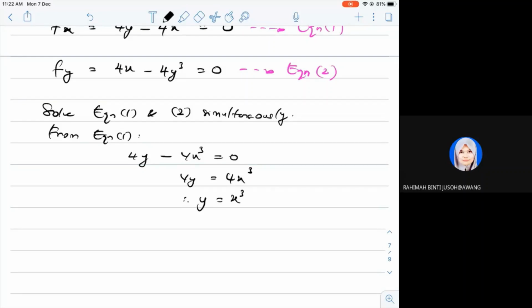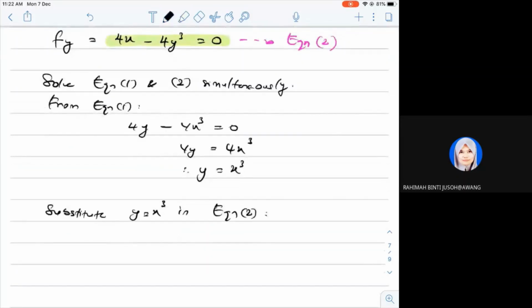All right, so what happened now? I substitute y equals to x cubed in the second equation, in equation 2. Okay, in the second equation here. Ni, second equation ni. So, saya akan gantikan y dengan x cubed. So, we will have 4x minus 4y cubed.